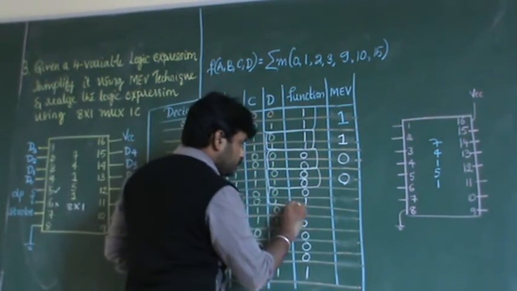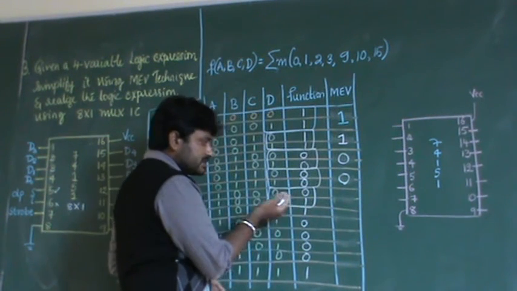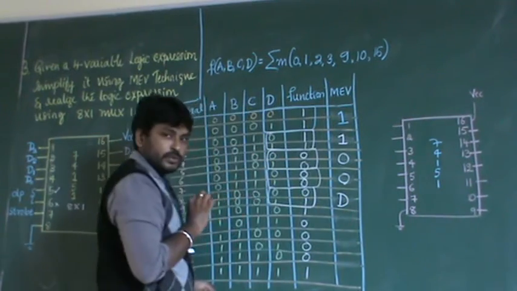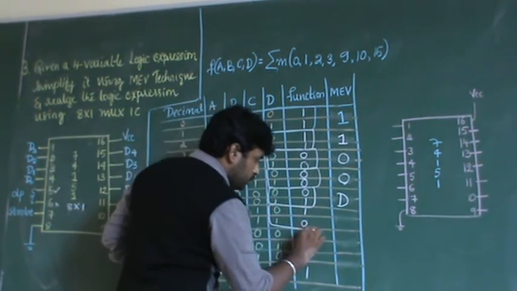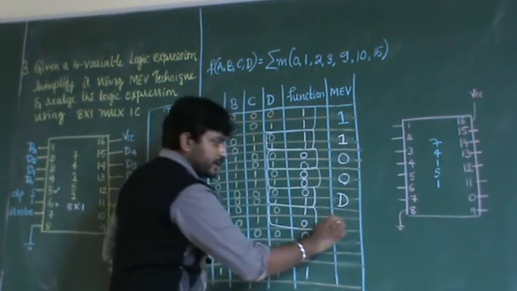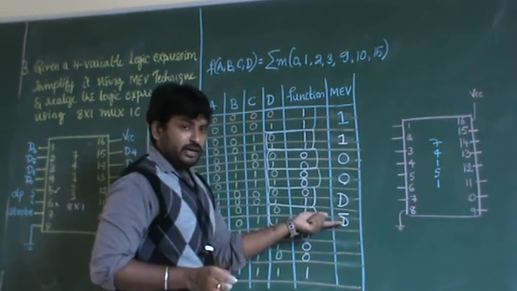Next, for the next two combinations, it is 0 and 1, it is same as the D value, so therefore I write it as D here. Okay, and for the next two combinations it is 1, 0, it is just the complementary of D, so therefore I write it as D bar. Why am I taking D?